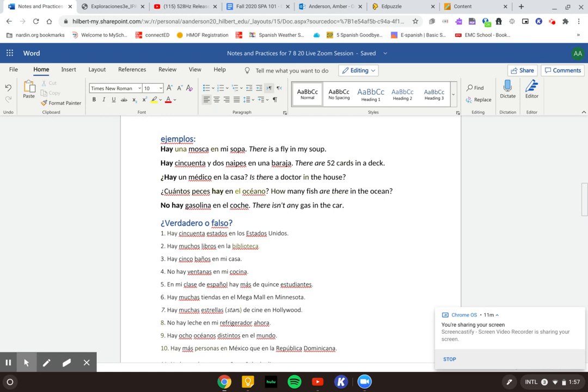Hay 52 naipes en una baraja. ¿Hay un médico en la casa? ¿Cuántos peces hay en el océano? No hay gasolina en el coche.